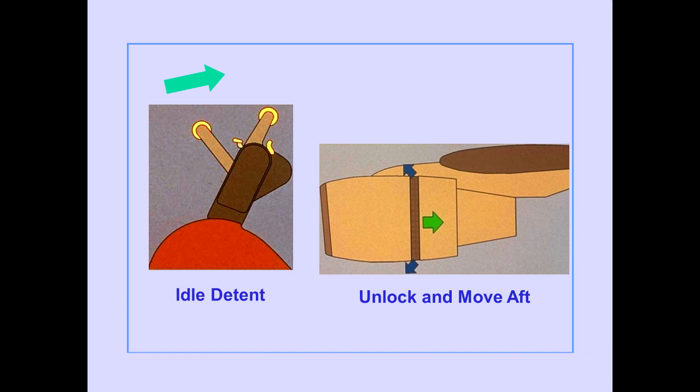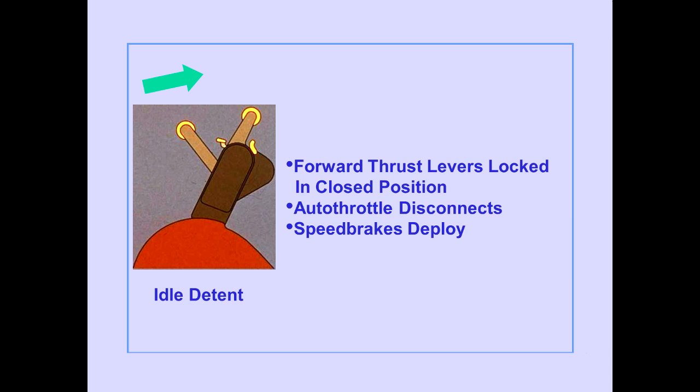The reversers unlock and move aft. When the reverse thrust levers are raised to the idle detent, the forward thrust levers are locked in the closed position, the autothrottle disconnects, and speed brakes deploy if the speed brake lever is down.